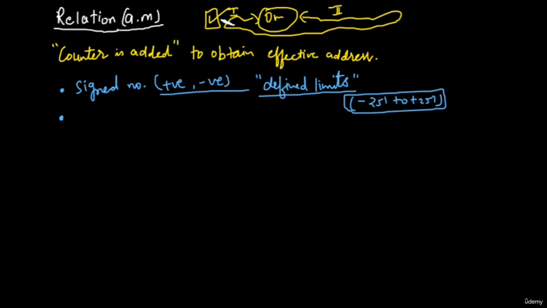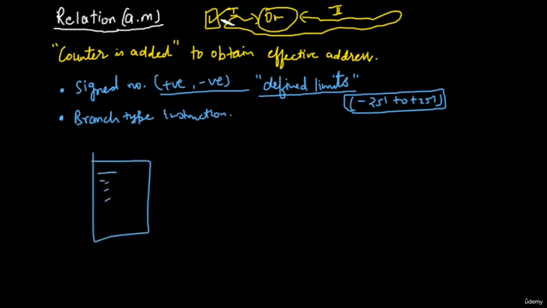And we can have the branch type instruction too. So what is the meaning of branch type instruction? Well, there can be a linear instruction and there can be a branch type instruction. Imagine in our spreadsheet I have to change so many columns. I just select them all and increment by plus one.